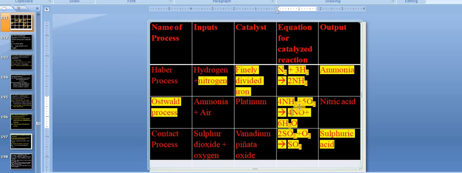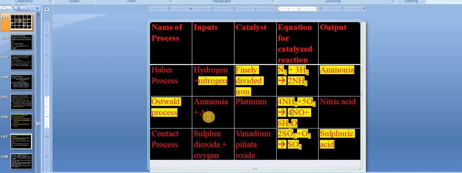It is 4:5. Now they ask what ratio of ammonia to air is required? 1:10. Ammonia is 1. So if you write 10:1, that will be the wrong answer.